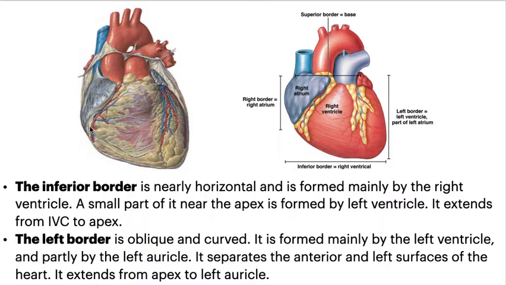The inferior border is nearly horizontal, formed mainly by the right ventricle, with a small part near its apex formed by the left ventricle, extending from the inferior vena cava to the apex. The left border is oblique and curved, formed mainly by the left ventricle, partly by the left auricle over here, separating the anterior and the left surfaces of the heart, extending from the apex to the left auricle.